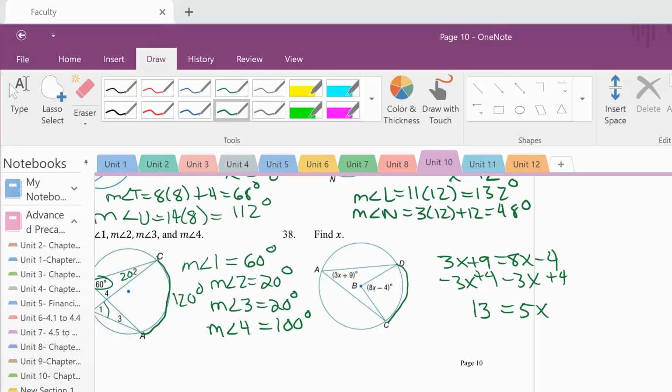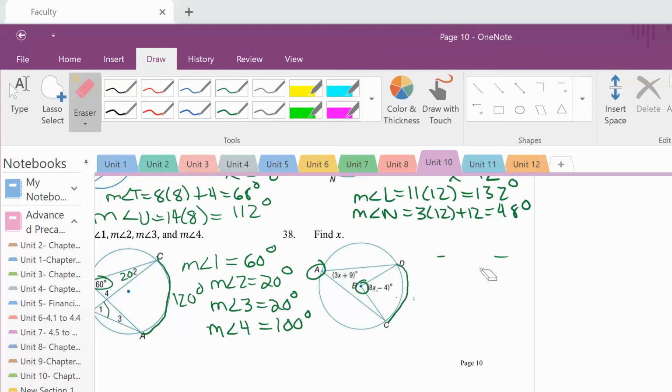I take that back, sorry. Because notice there's a difference. This is an inscribed angle, whereas this is a central angle. So remember, an inscribed angle is half of the arc, and the central angle is equal to the arc.